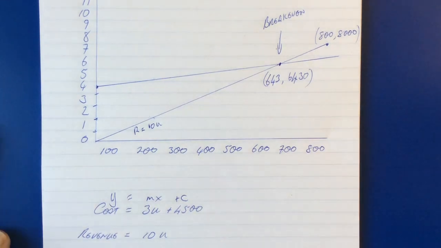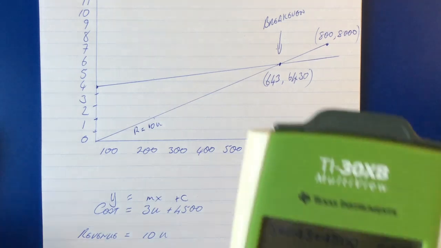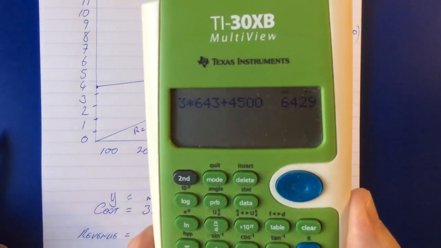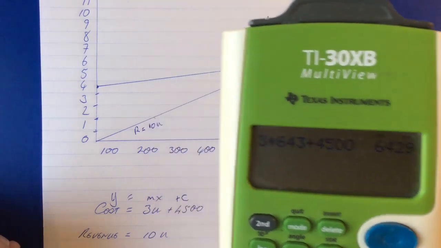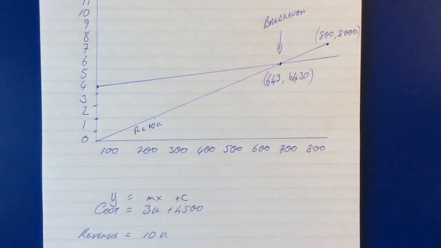I'm going to do that now, just so that you can see that. So 3 times 643 plus 4,500. There we are. Allowing for rounding, we're there. So that is how you find a break-even point using linear equations, given the information that you have about revenue and costs.